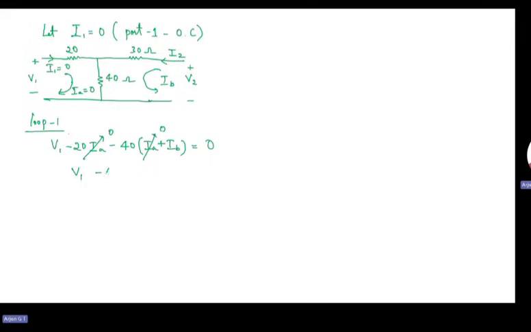Therefore, we get V1 minus 40 IB, and as IB is equal to I2, since IB and I2 are in the same direction, V1 by I2 is equal to 40, considering I1 equal to 0. This parameter becomes Z12.